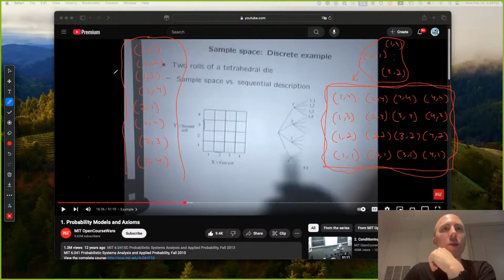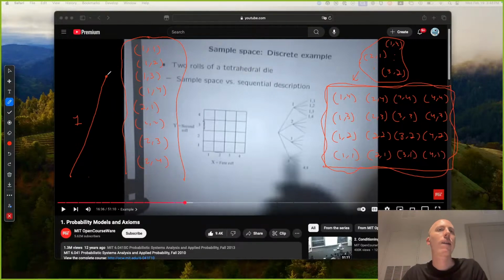We know this one is where we roll a 1 on the first roll, and then depending on the second roll, we roll a 1, a 2, a 3, a 4 like this.